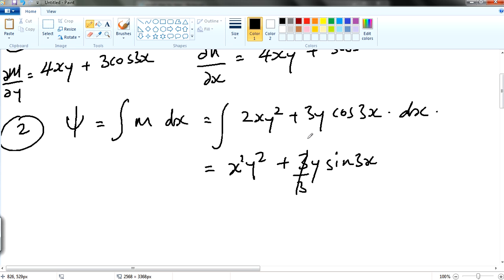So it will be y sine 3x. I may be wrong. Okay, I see that part of the answer is correct.